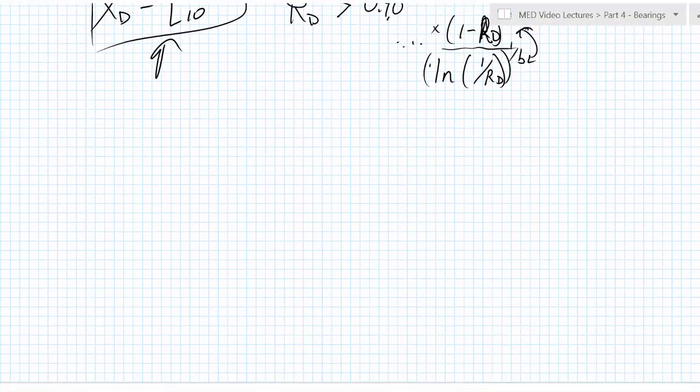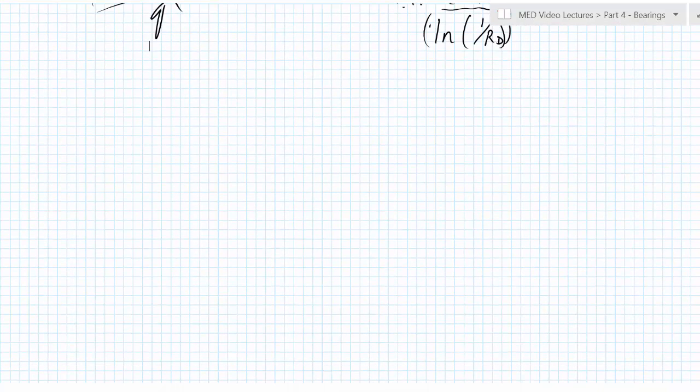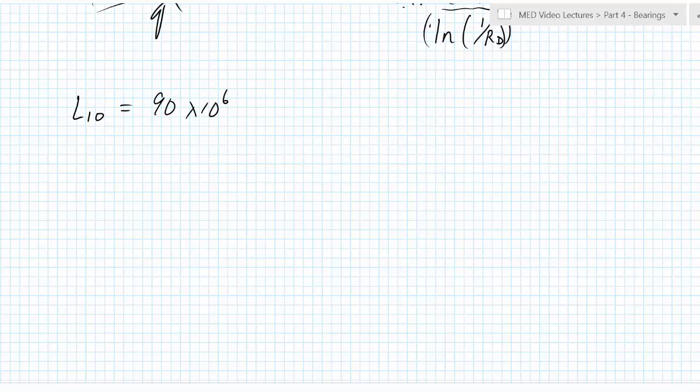So let's see how that works. The book lists two different manufacturers, and manufacturer 1 uses a baseline L10 of 90 times 10 to the 6 cycles, and the Weibull parameters, x naught of 0, a theta of 4.48, and a b value of 1.5.